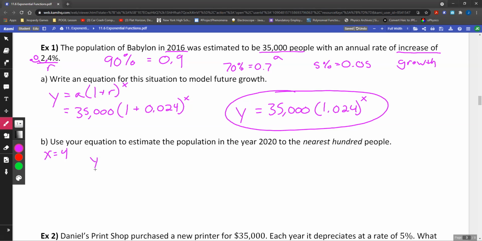So we're going to plug in 4 for x: 35,000 times 1.024 to the 4th. So you go to your calculator, you plug this all in, and we end up getting 38,482.